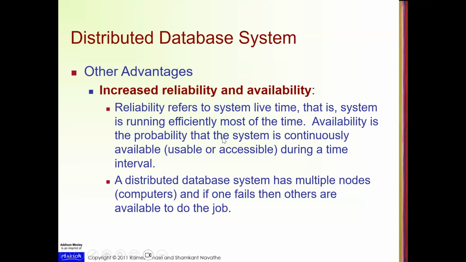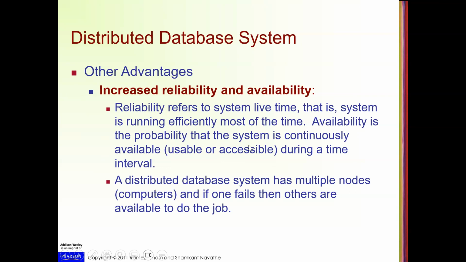Availability is the probability that the system is continuously available, whether people are using it or not using it during an interval. So reliability is the uptime where the system is running efficiently almost all the time. For example, in the night also the bank system should run efficiently.